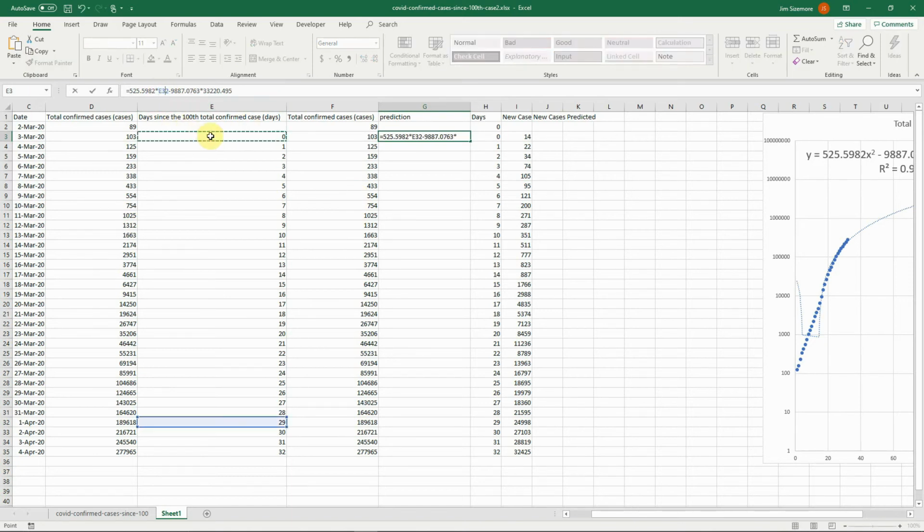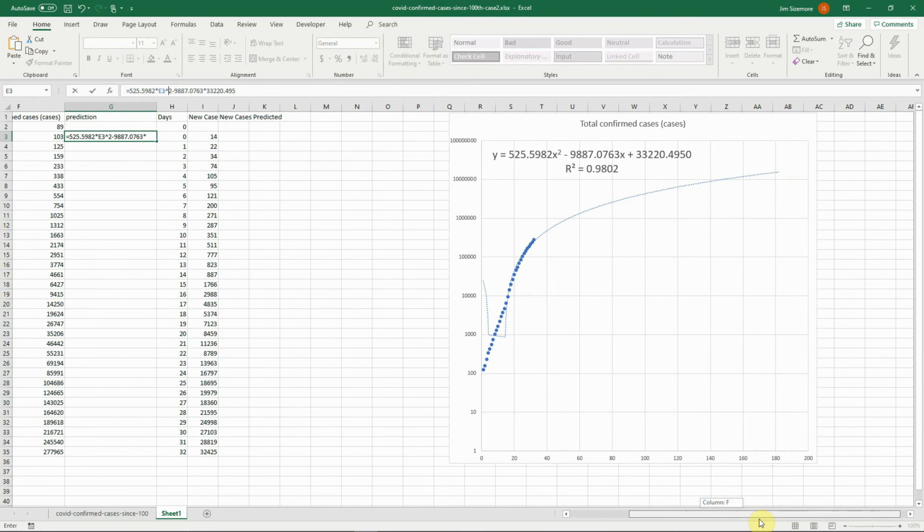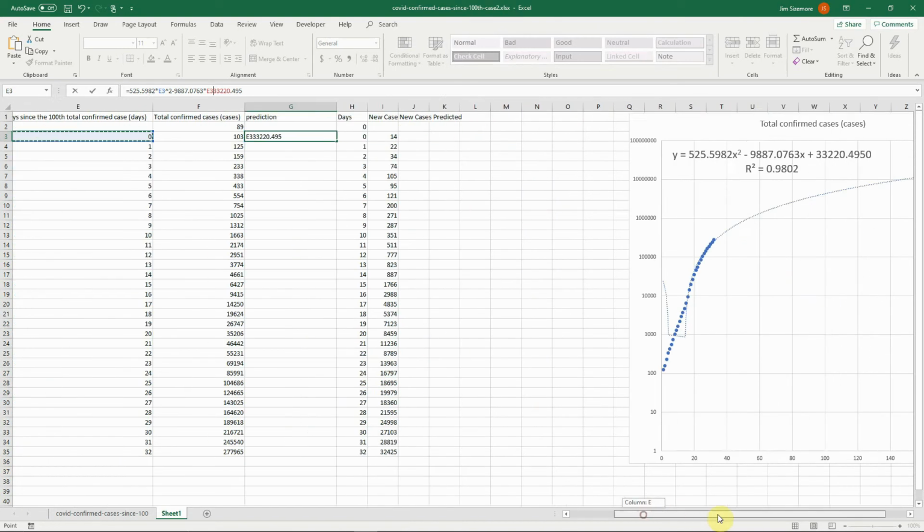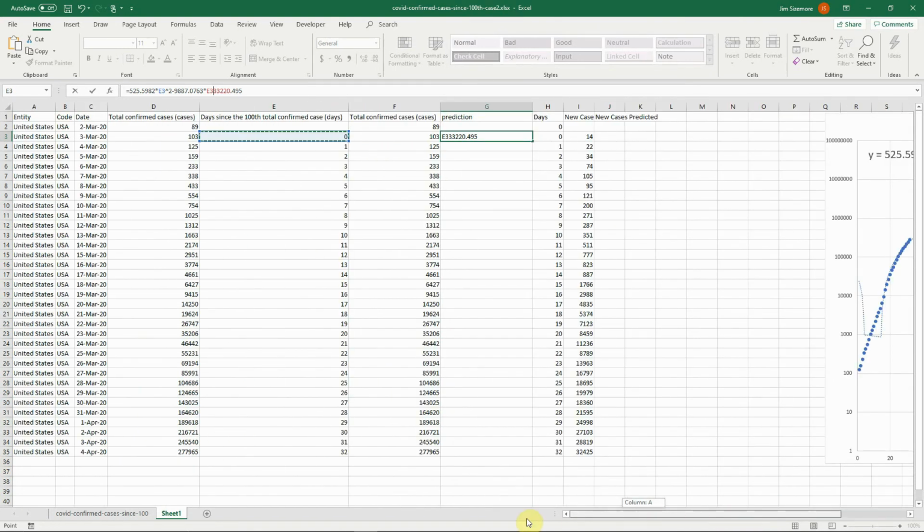So this is going to be X, number of days raised to the second power, minus the second number, the 9887 number, times X, times the days since the 100th. Is that going to be a plus or minus? Plus. There we go. That should do it. That should be a valid formula.